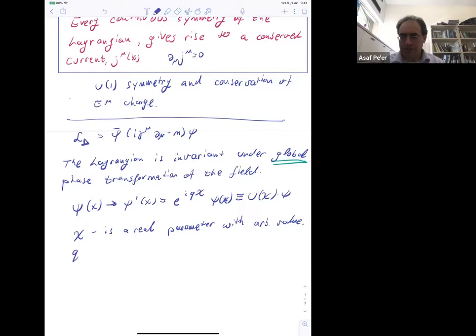We'll see in a few seconds why I did that. Or really, this is the coupling constant of the electromagnetic interaction, to be more precise. So this is a real constant, which will be equal to the coupling constant of the electromagnetic interaction.